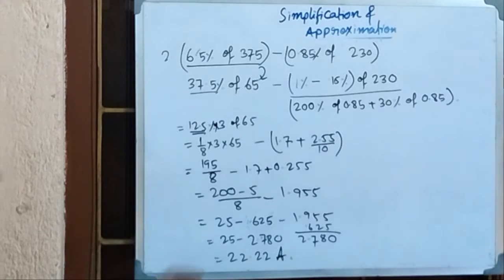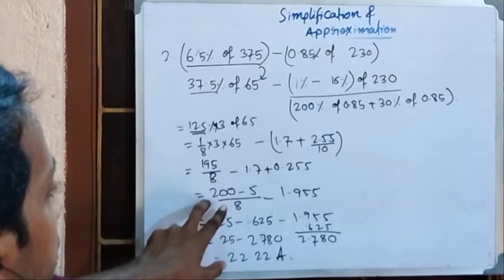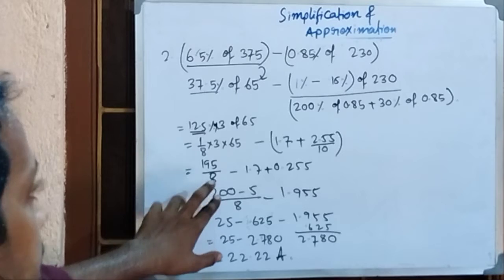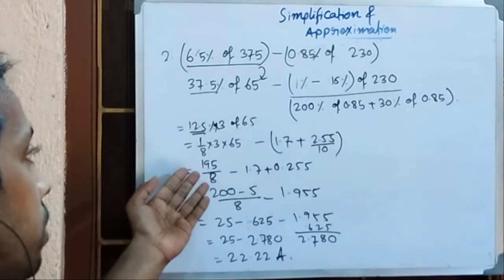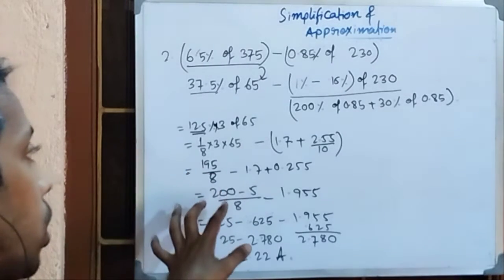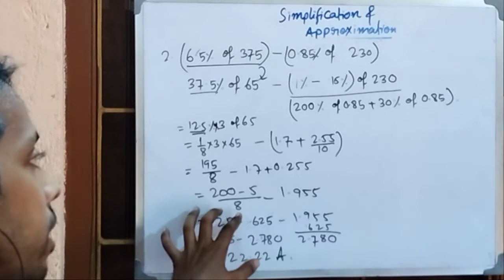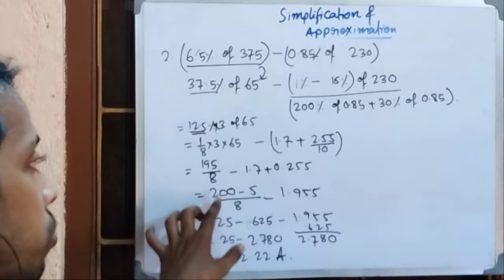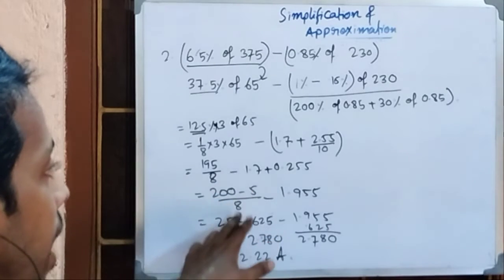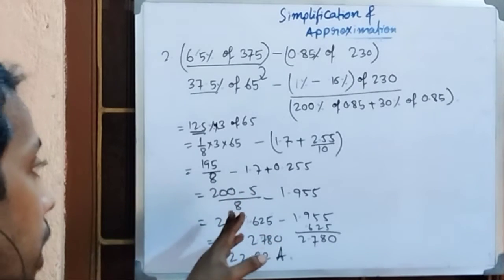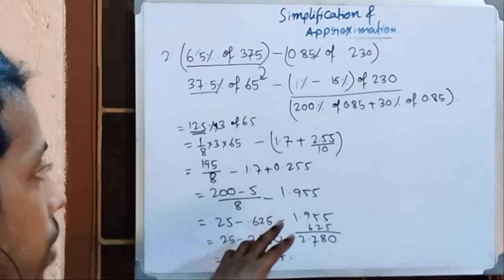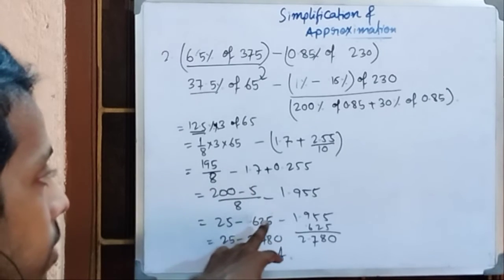Whatever the detailed process I use here, supposedly here 200. Why I am taking 200? 195 by 8, if you can solve it, definitely it would take more time. But the closest value 200 has some exact multiplication by 8. So 8 into 25 is 200. So 25 is taken, and here 5 by 8 is a proper fraction. So 1 by 8 is 12.5. 12.5 multiplied by 5, 62.5.